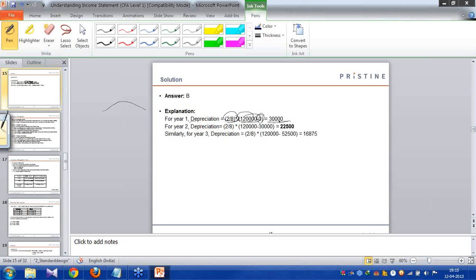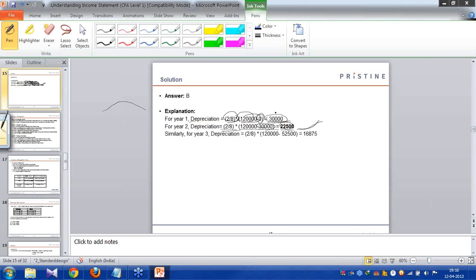So first year depreciation is 30,000, and then for the next year we proceed the same way, and here we use the accumulated depreciation as 30,000, which is the depreciation expense of the first year. Thus we get the value 22,500, which Andrew Joseph got it right.